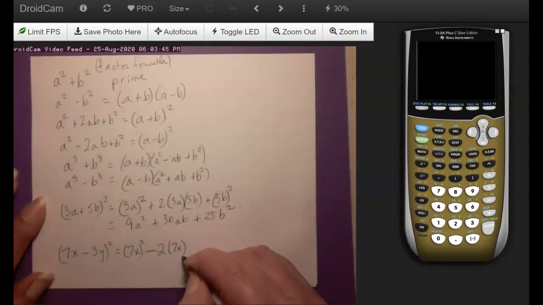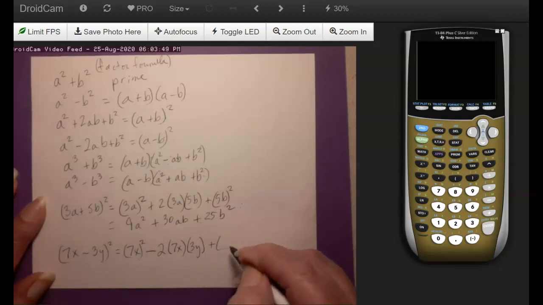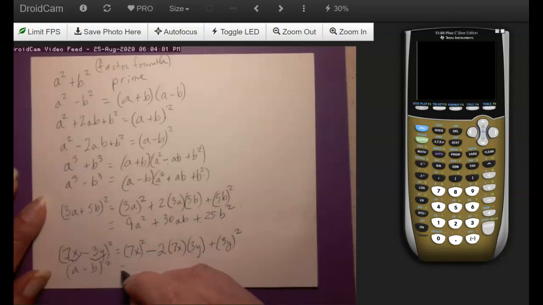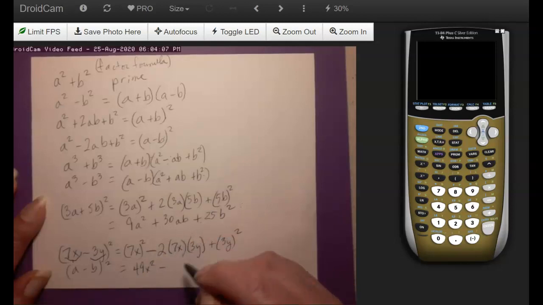The first term, the second term, plus the last term. So this is an a minus b squared. So this is my a, and this is my b.